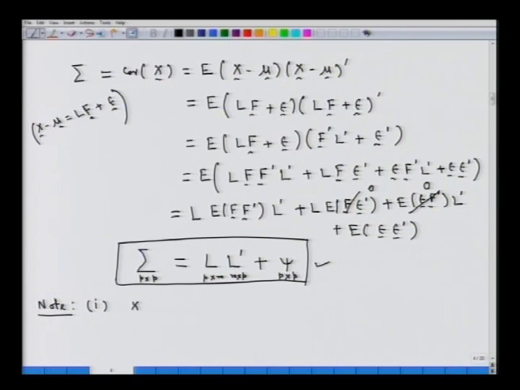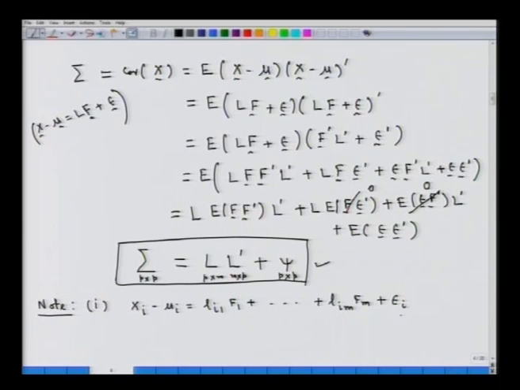We can look at the ith component here, so we will have xi minus mu i written in terms of the ith row: Li1 F1 plus Li2 F2 and so on, the last one being Lim Fm, the mth common factor, plus epsilon i. So here epsilon i is the ith specific factor, specific to the ith variable.